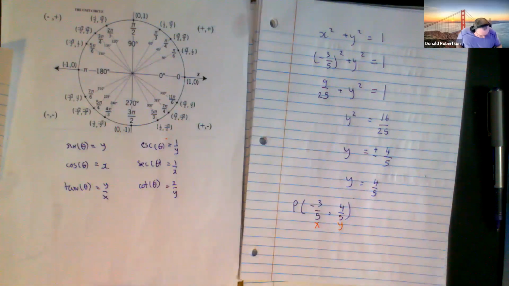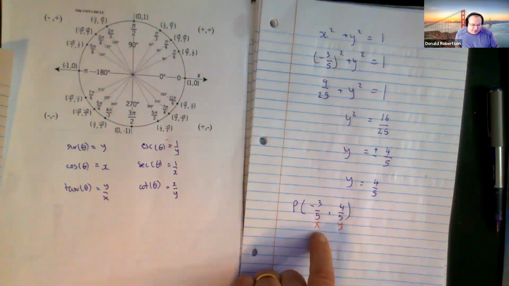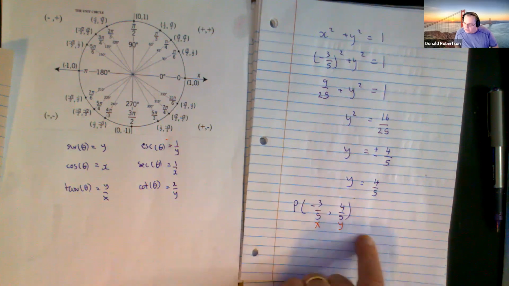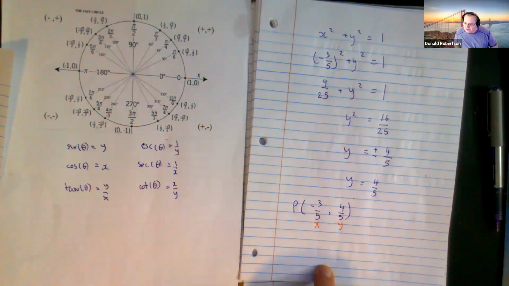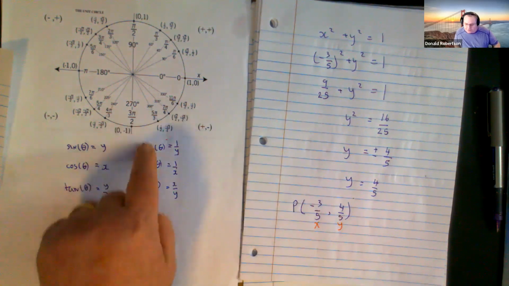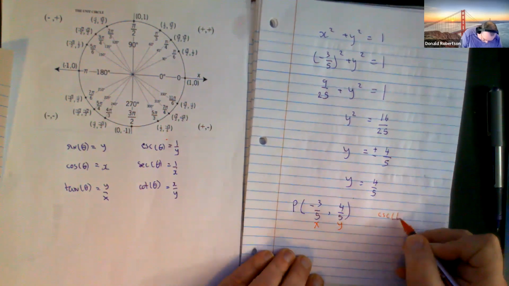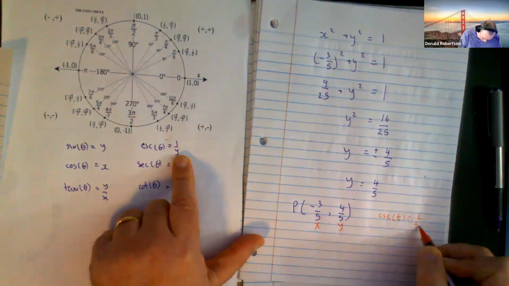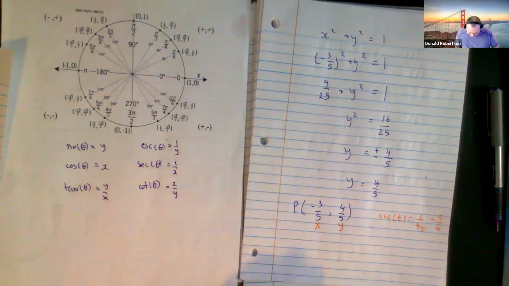There we are. Can't we use these 6 formulas to get the secant, the tangent, the cotangent, whatever it is we need, right? Do you want me to do that bit, or do you know how to do that bit? Because once you get to this, can't you get all of these? For instance, if you want the cosecant, it's 1 over y, 1 over 4/5, which is 5/4.